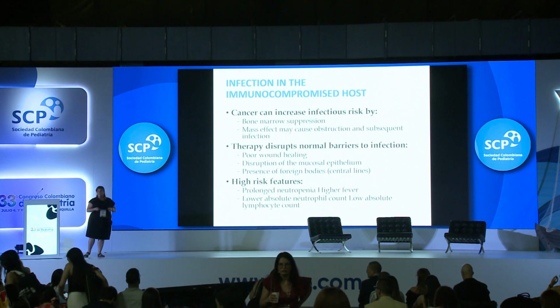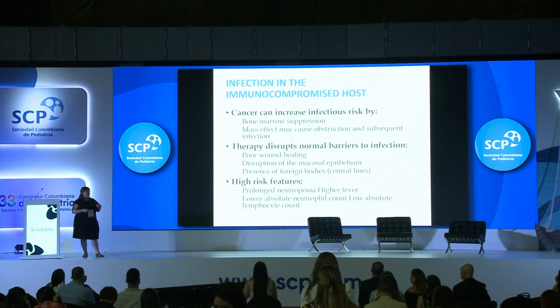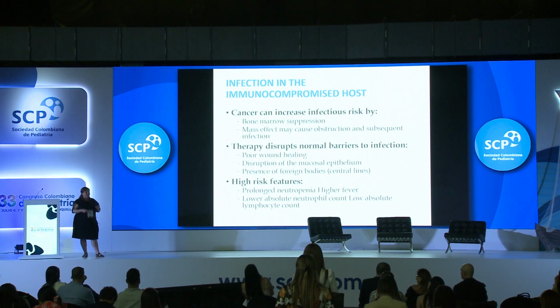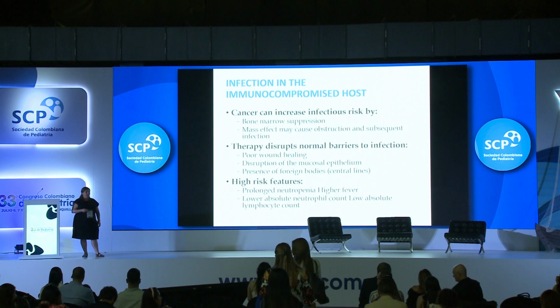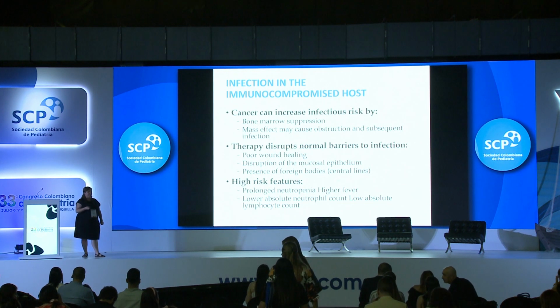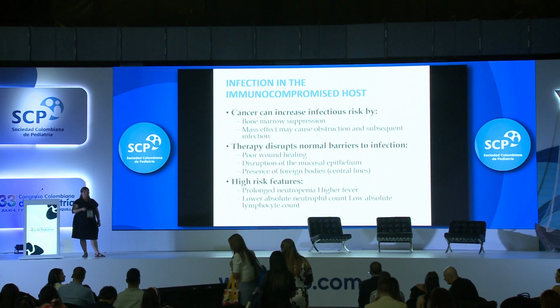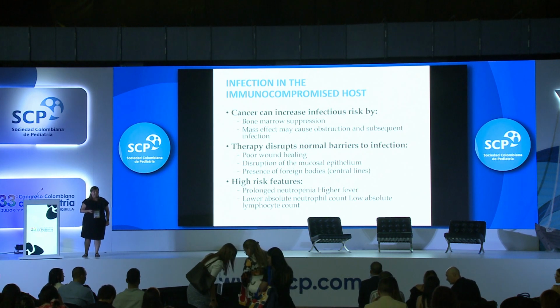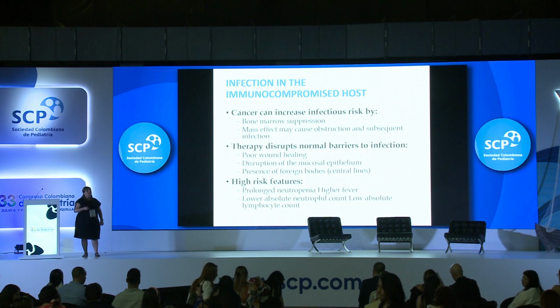This causes poor wound healing, which is a risk factor for infection. It can disrupt the mucosal barrier, and we also place foreign bodies, such as a central line, to give our medications, which can cause infection. Some high-risk features for infection include prolonged neutropenia, lower absolute neutrophil count, or a low lymphocyte count.